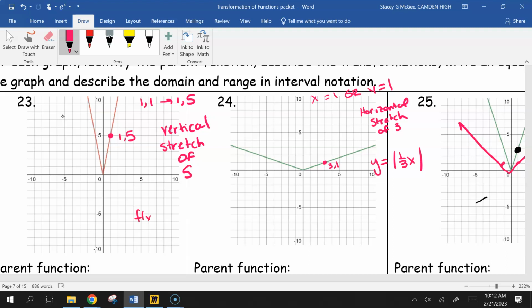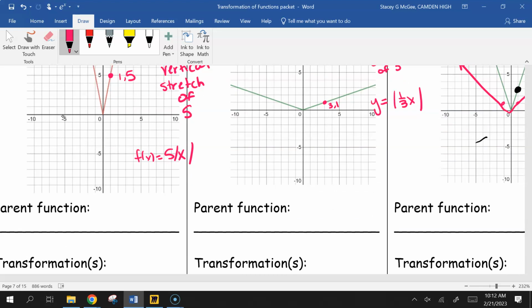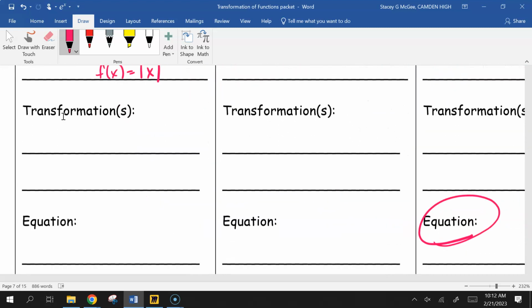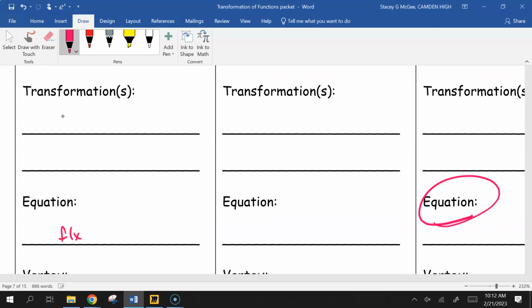So your parent function is just f of x equals the absolute value of x. Your final equation is going to be f of x equals 5 times the absolute value of x.